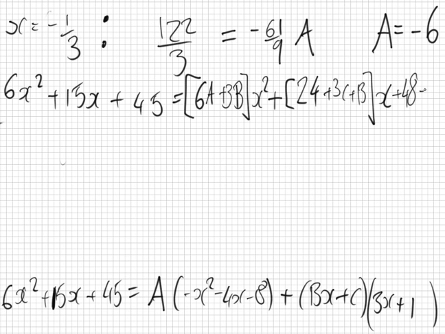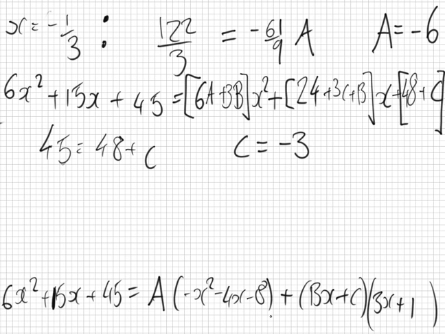Squeeze it in there. So now I compare. Well, the best one to compare is the last one, because I get 45 equals 48 plus C. So C must equal minus 3. Oh, sorry, I wrote A here, but I know what A is. Sorry, there is no A there, because I multiplied it in.